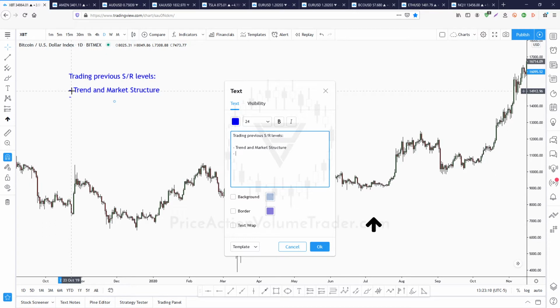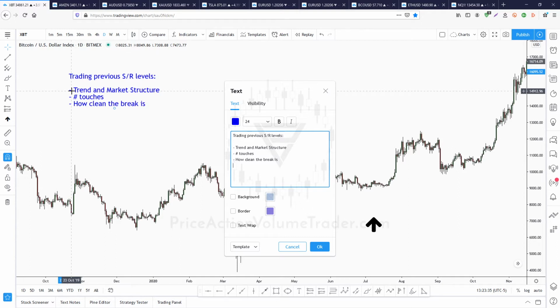Then we want to see the number of touches that the level has had before it's broken, because the more touches it has from one side before it breaks, the stronger reaction we can expect from the other side.